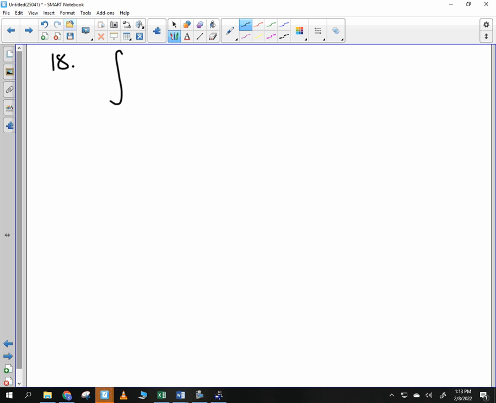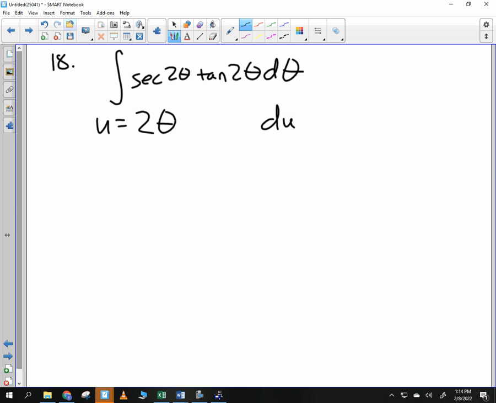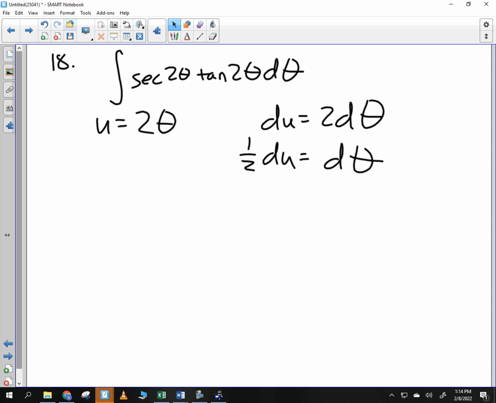And it's the integral of secant of 2 theta. Well, first of all, what is u? U is 2 theta. So what is du? I don't have a 2 d theta. So 1/2 du is equal to d theta. And so you could go ahead and get rid of the d theta if you just do 1/2 integral du.